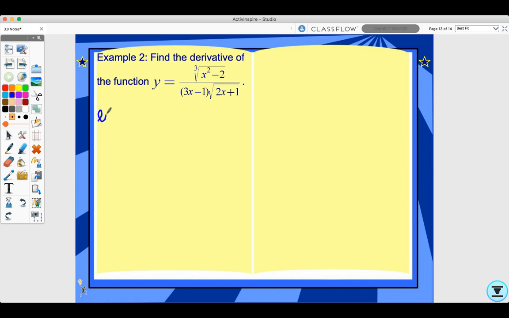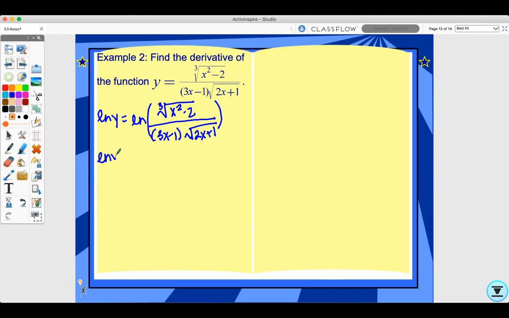So I would have the natural log of y equals the natural log of the cube root of x squared minus 2 all over 3x minus 1 times the square root of 2x plus 1. Now, I'm going to use my rules of logarithms to separate all of this.